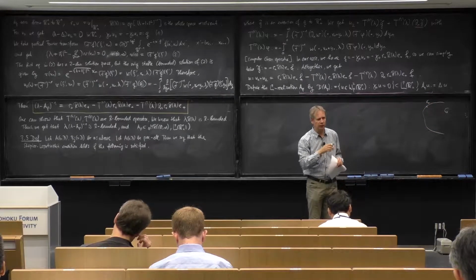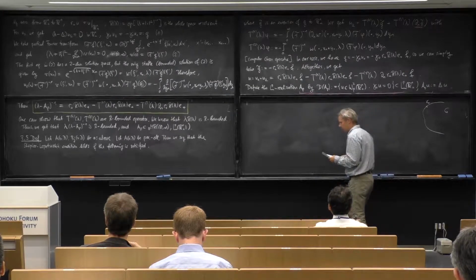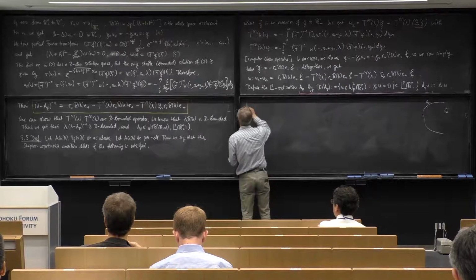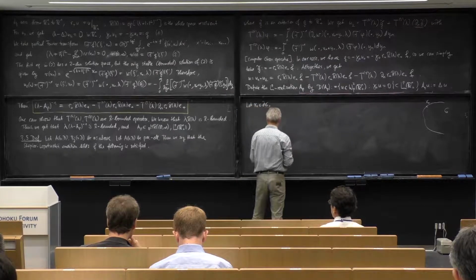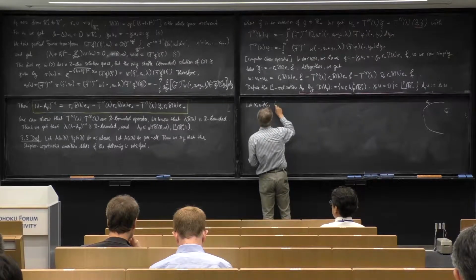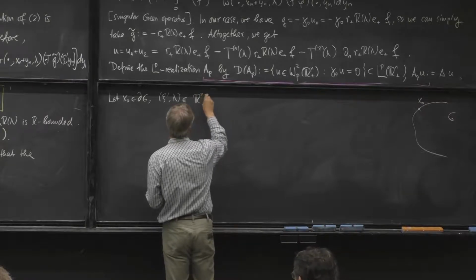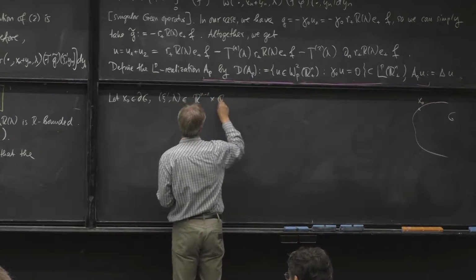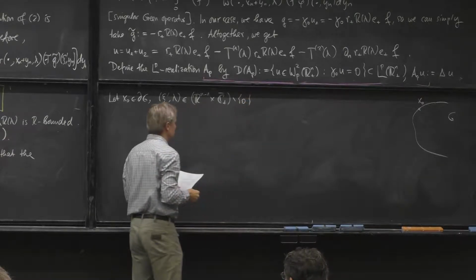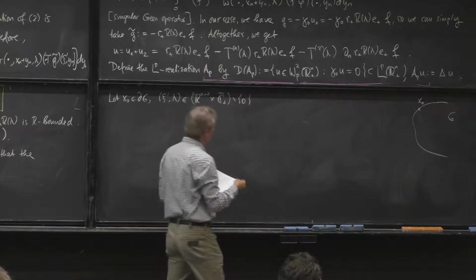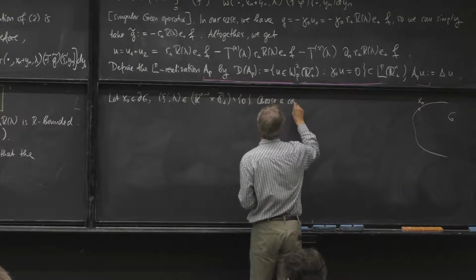First of all, I choose a coordinate system according to this. Let x naught be on the boundary, and let xi prime, lambda be in R^(n-1) times the appropriate set. Now I choose a coordinate system.